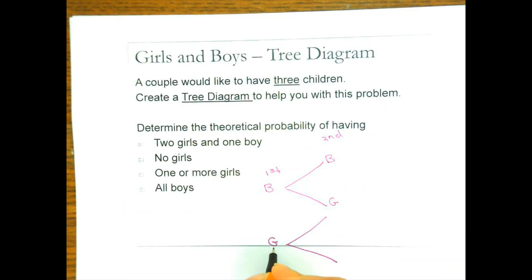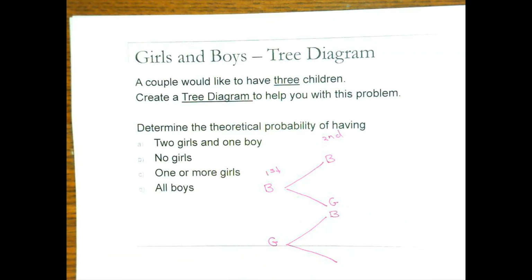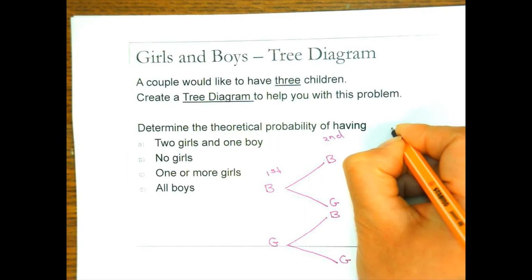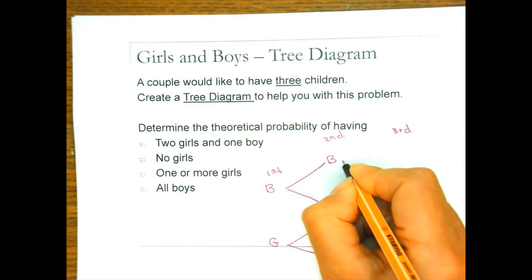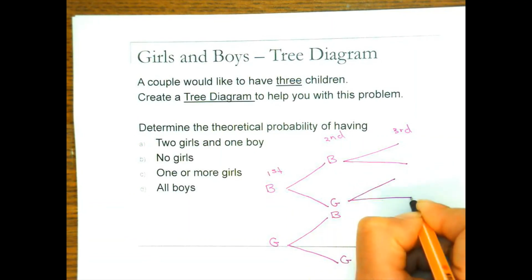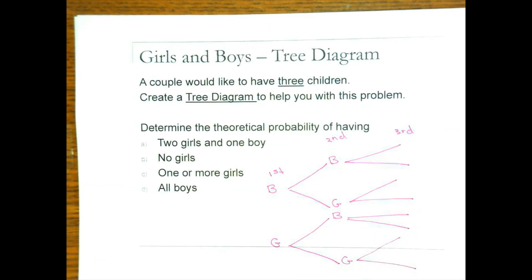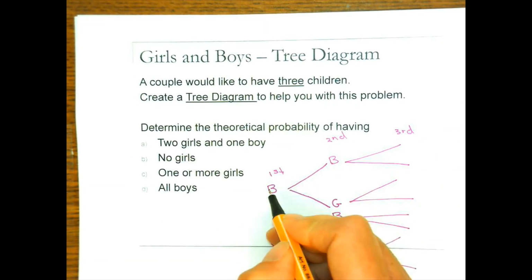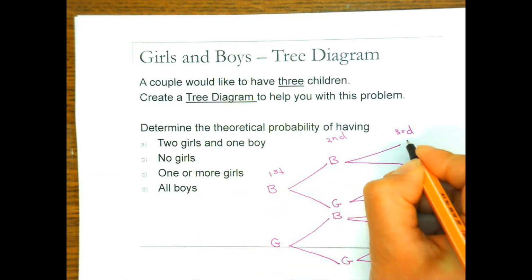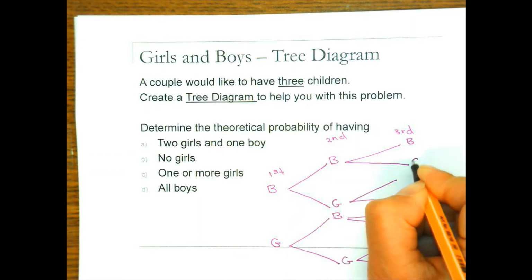Or their first child is a girl and then they can have a boy as a second child, or they can have a girl. So they can have girl boy or girl girl. Now it's time for the third child. Again, they can have a boy, and the third child a boy, or boy, boy, girl.